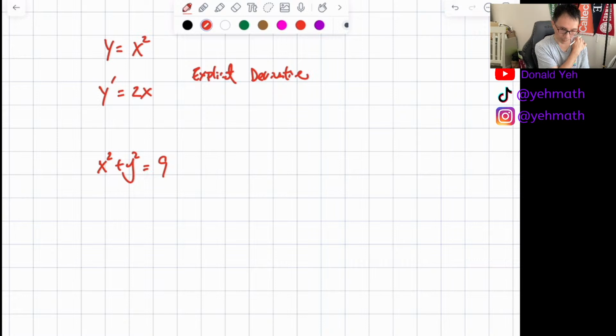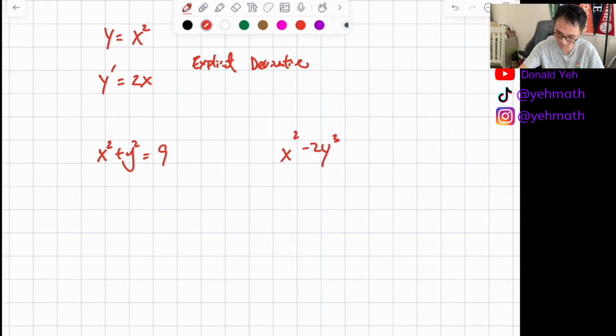So we're going to start out like this. For example, y equal to x squared, explicit. y equal to x squared plus 3, explicit. Now, you're going to get some type of function that also looks like this: x squared minus 2y to the third plus 4y is equal to 2.